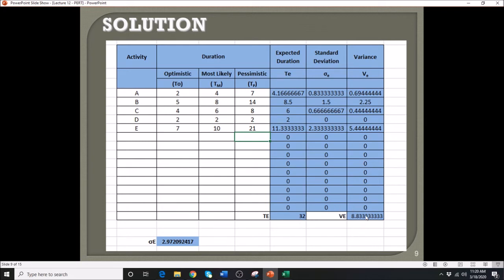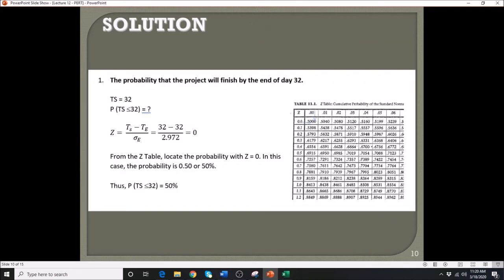The variance for the entire project is 8.83, and the standard deviation for the entire project is 2.97. Those numbers are automatically calculated based on the format, so make sure that you download that particular format.